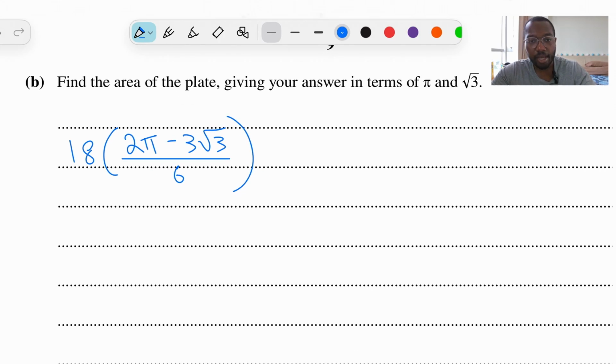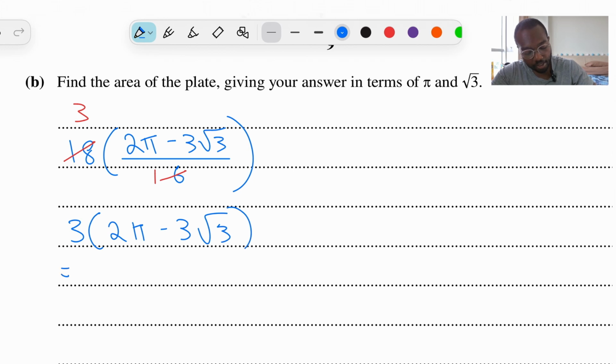Now if we look at simplifying this down, the 18 and the 6 will cancel out. This will be a 3, this will be a 1. So therefore we're left with 3 times 2π minus 3 root 3. And then this would equal 6π minus 9 root 3.